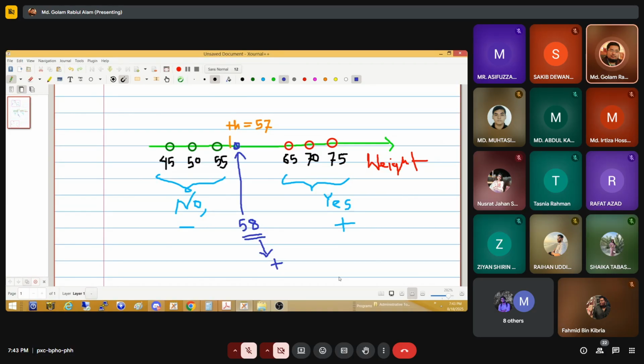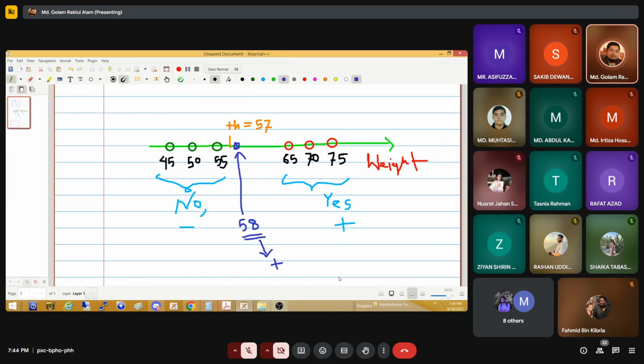Now someone asks why you are telling this person is obese. That is, we need to interpret or explain the result. For explainability, we can utilize several explainers. One explainer considers the nearest neighbor.